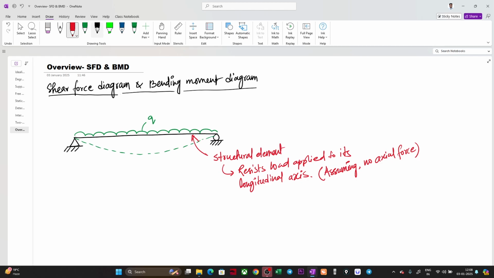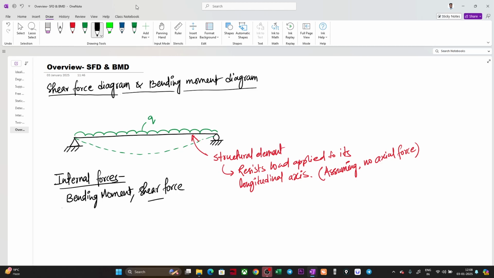As it is bending like this, there will be bending moment. The internal forces will be bending moment and obviously the shear force.